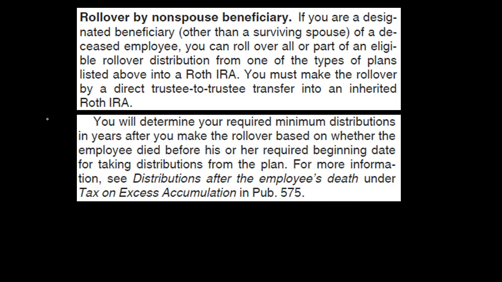You will determine your required minimum distribution in years after you make the rollover based on whether the employee died before his or her required beginning date for taking distributions from the plan. For more information, you can see distributions after the employee's death under Tax on Excess Accumulation in Publication 575.